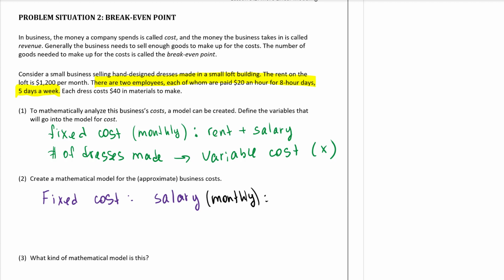All right, so let's calculate this. We've got two people. Let's start with the dollars. We've got $20 an hour. They are working 8-hour days. They're working 5 days a week.